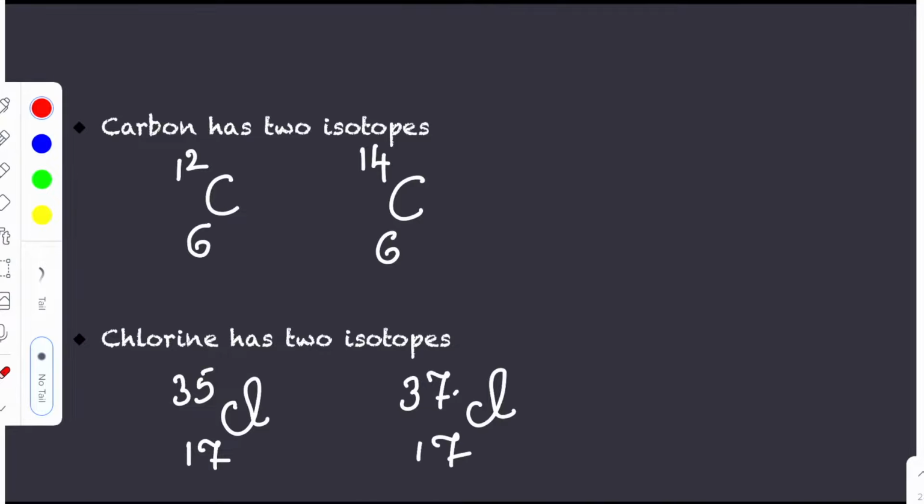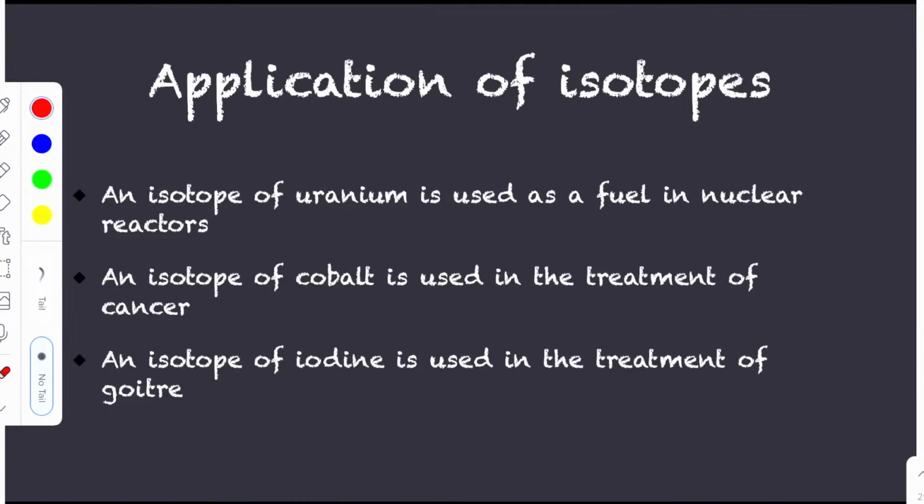I have some more examples of isotopes for you. Carbon has 2 isotopes. Chlorine also has 2 isotopes. Many elements have many more isotopes. You could take this as a research topic, find out how many more isotopes there are and post it in the comments. All right. Now, where do we use these isotopes? Isotopes are of great importance.